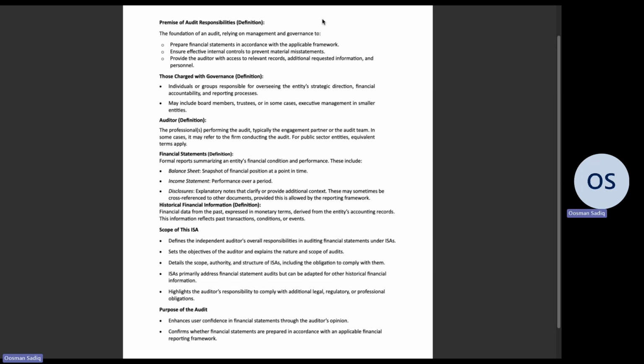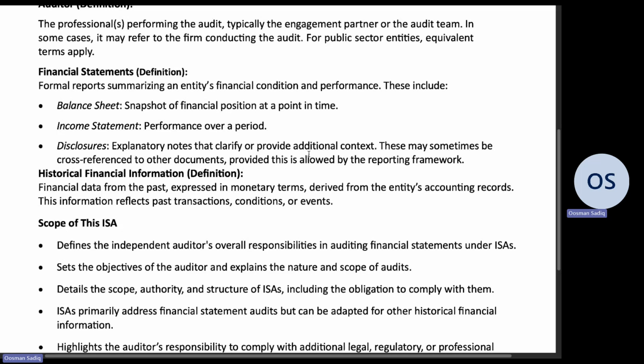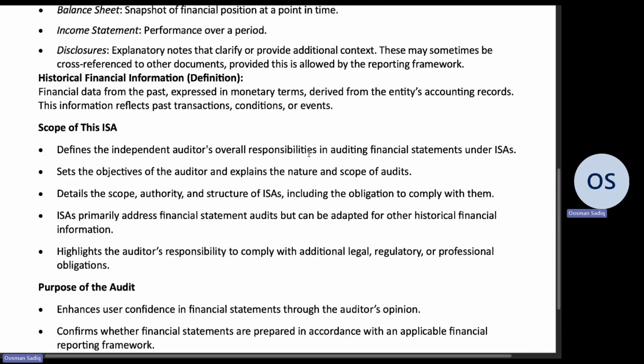So, the first ISA or International Standard on Auditing we have is ISA 200, which is the building block or the foundation for the other areas you will study in your other sessions.